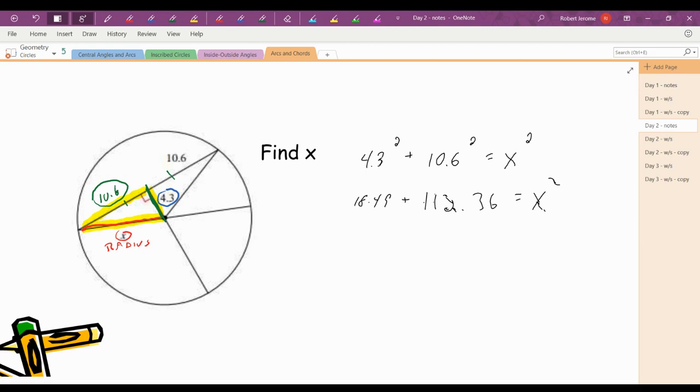112.36. So we're going to take our 112.36, add 18.49. That gives us 130.85. 130.85 equals x squared. And now, of course, we want to square root it.